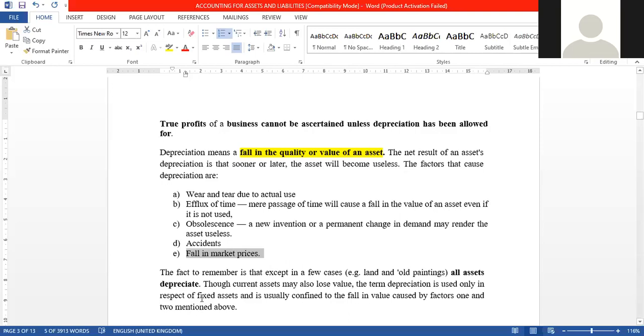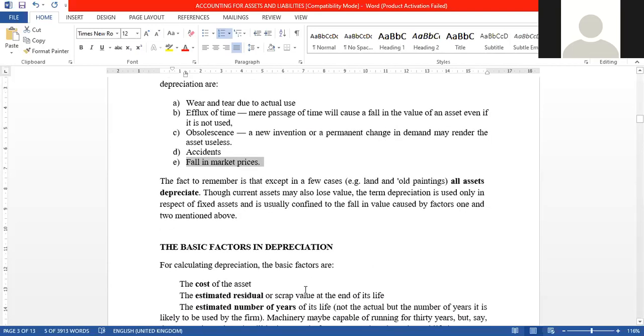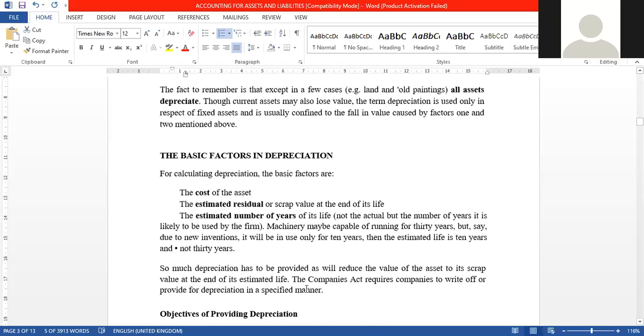Apart from land, it may be old paintings that keep on increasing in value, or a mine where we have discovered a bigger layer of minerals and the value is increasing. Except for those very few cases, most fixed assets depreciate. They reduce in value over time.